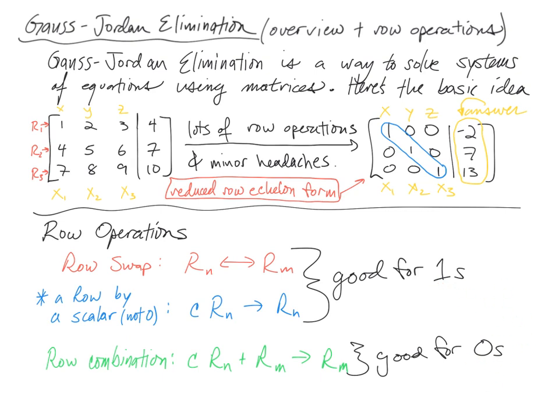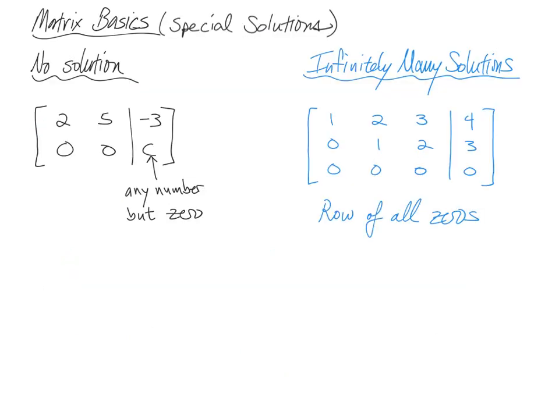Let's take a look at some special matrix glitches that you'll see along your travels in math. So matrix basics, some special solutions here. Let's say that you're simplifying a matrix using row operations, and you get a row that is all zeros to the left of your vertical bar, and any number but 0 on the right.